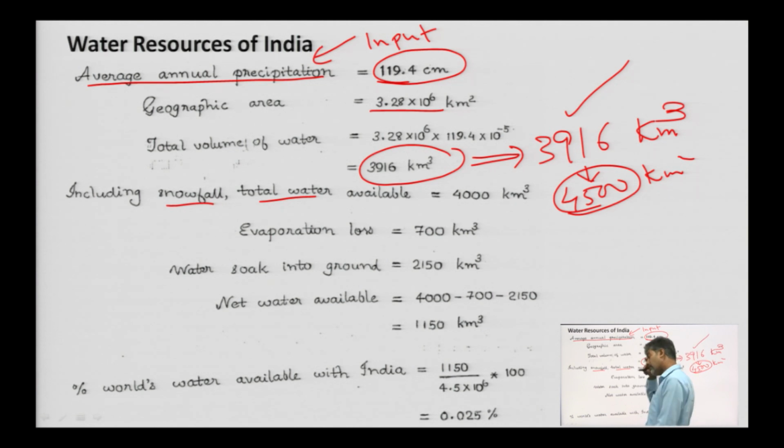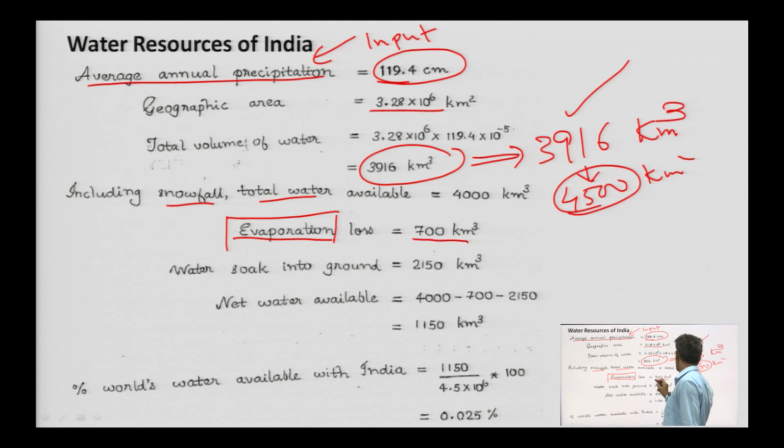The calculation for the losses, first the major loss is evaporation. Evaporation loss, and it has been estimated that out of this, 700 cubic kilometer is going to be lost every year.